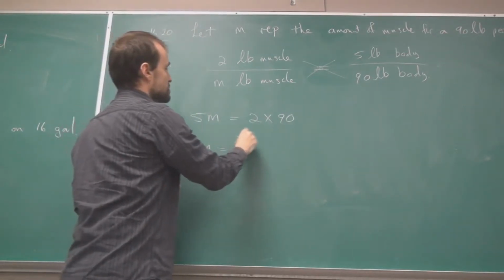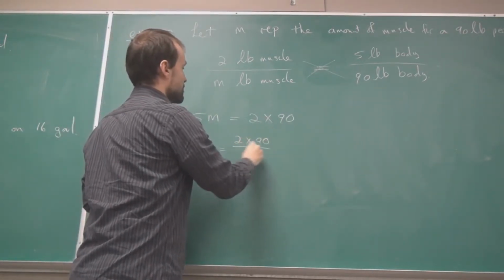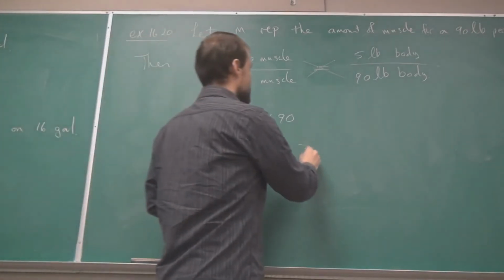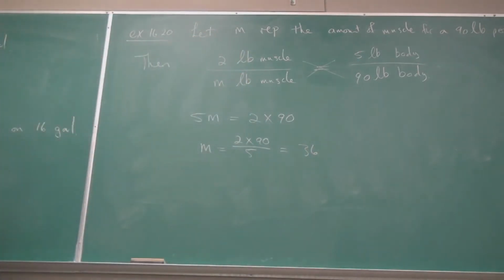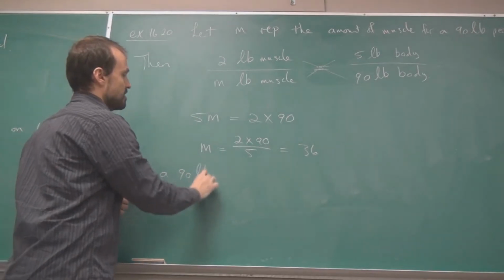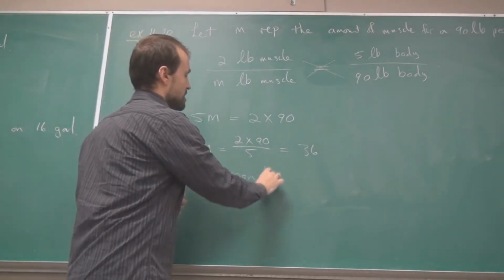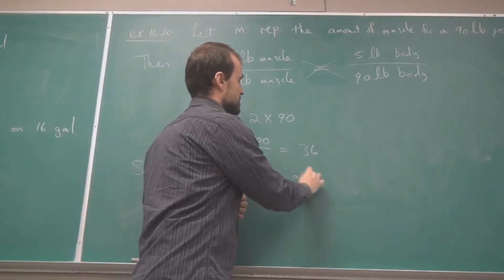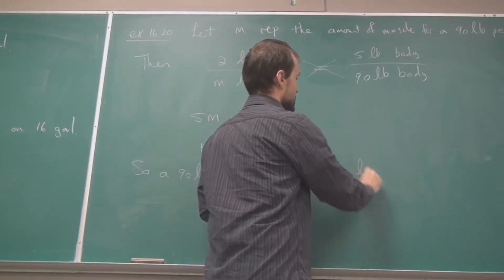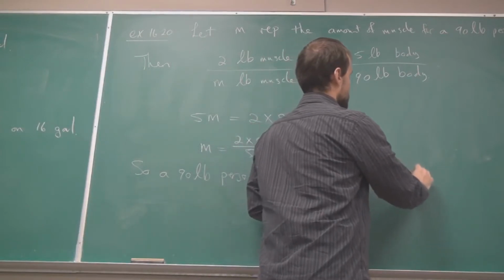So m equals 2 times 90 over 5, which is 36. So the calculations are also quite easy. A 90-pound person has, these are approximations, approximately 36 pounds of muscle.